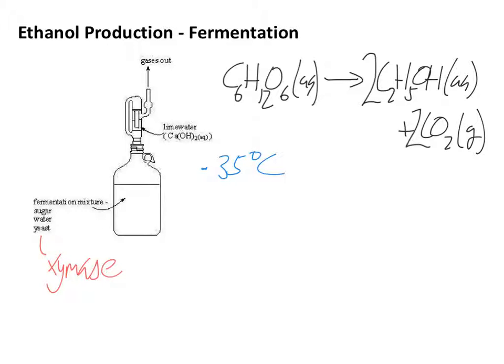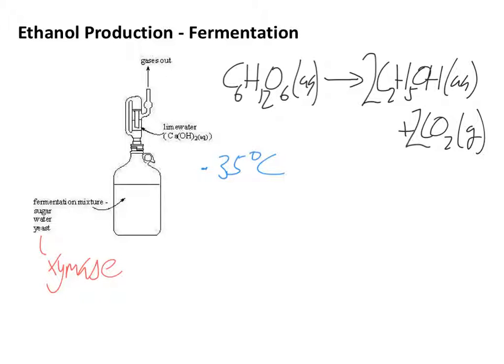And the reason we do it at this warmish temperature is that this is a higher temperature than room temperature, which means the reaction proceeds quicker than it would do at room temperature. Now that's a good thing. We're going to form ethanol at a faster rate than we would do if we just left this lying around in the house. But we can't go any hotter really than 35 or 40 degrees C.